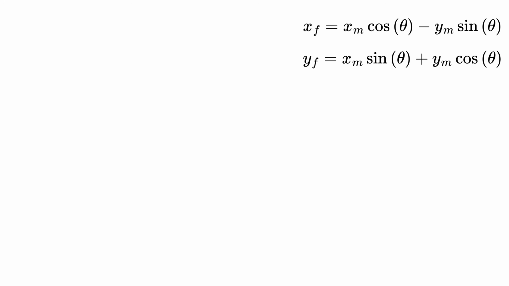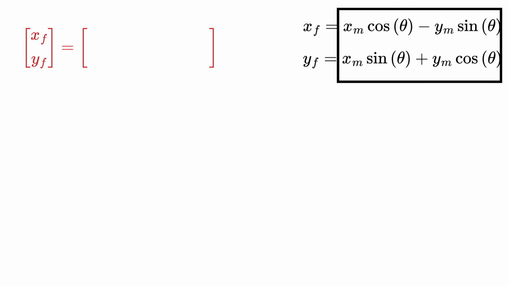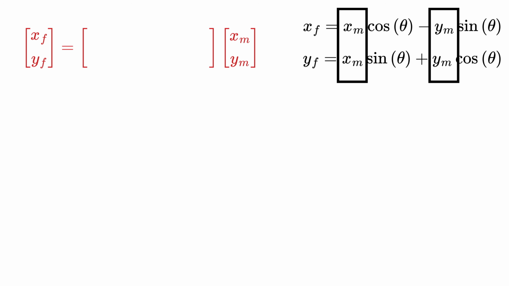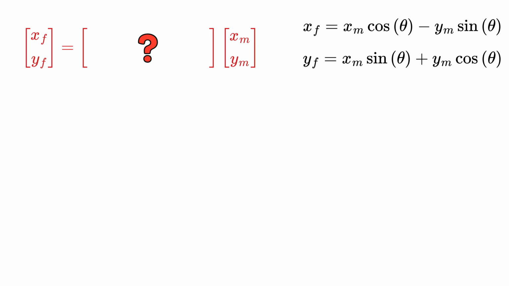The next step is simply to organize these two equations in a cleaner way. Instead of writing them separately, we can combine them into a compact matrix form. We can rewrite this as a column vector XF and YF. Then this as some 2 cross 2 matrix multiplied by another column vector XM and YM. What will be this matrix?